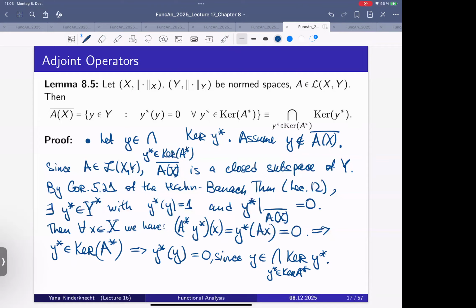Agree? Yeah. But then we have a contradiction, because we have this and we have this. Hence our assumption that this set is bigger than this set, and there is something which lives here but not here, was wrong.